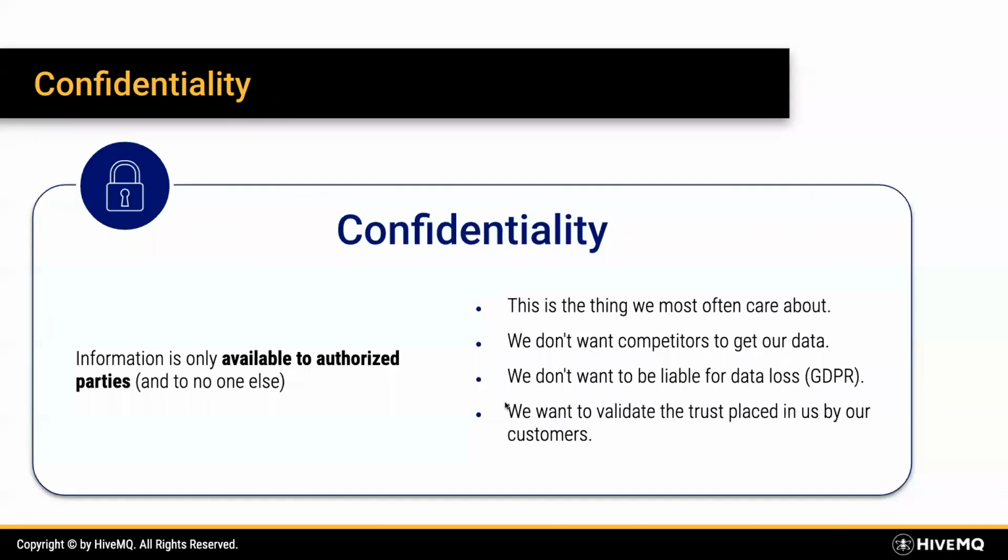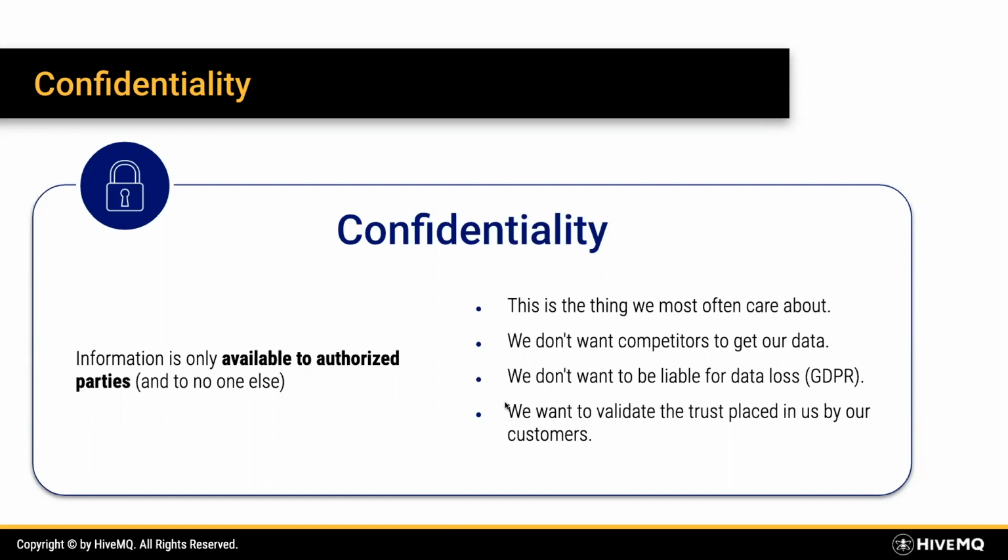The first one, confidentiality. What is it? We want information to be available only to authorized parties. So only people who should have the information should be able to get it. This is the most important thing we care about. If you think about the big security screw-ups of our time, they are almost always data breaches.